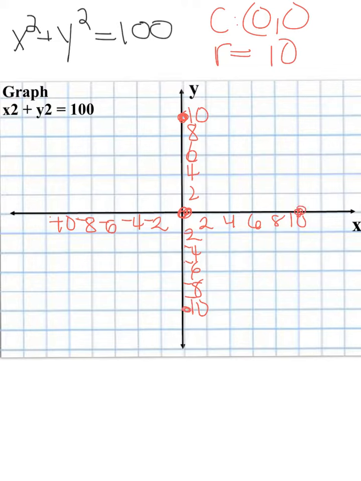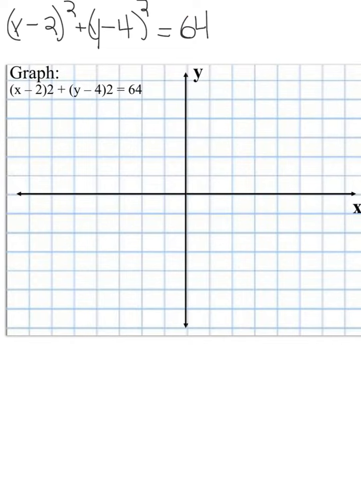Okay, so you should definitely use a compass when you construct this. I am unable to do that, so I will do the best that I can freehand. And there's the circle. Okay, center is 2, 4.